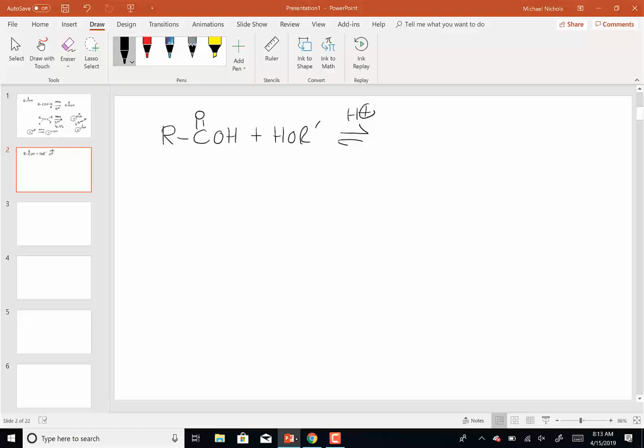There's a name associated with it. Fischer? That's Fischer esterification. I believe it's the same Fischer that came up with Fischer projections. So Fischer esterification is when we take a carboxylic acid and react it with an alcohol with acid as our catalyst.